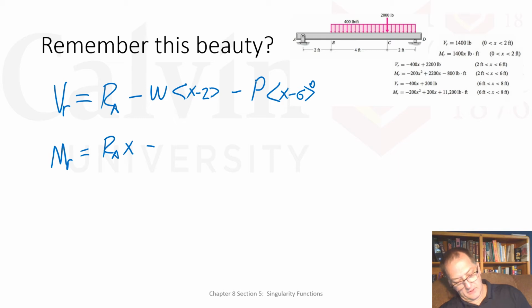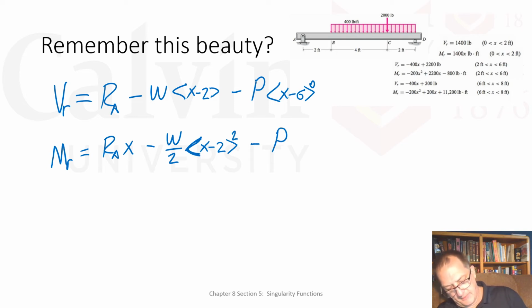Well, it's W over 2 times the singularity function x minus 2 squared, minus P times the singularity function x minus 6, and then now that's going to be to the 1st power. I'll leave it off. I forgot my constant.